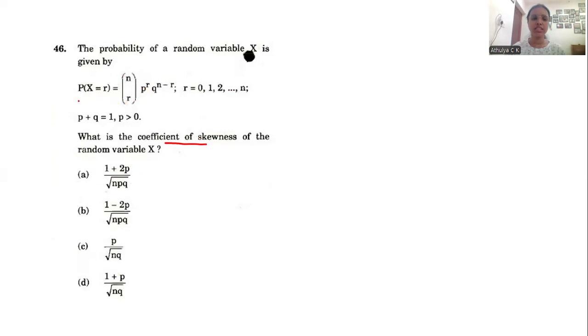The given probability mass function is very similar to what we have studied already in the previous sections.